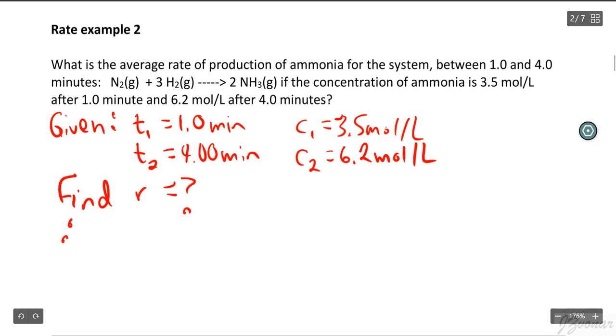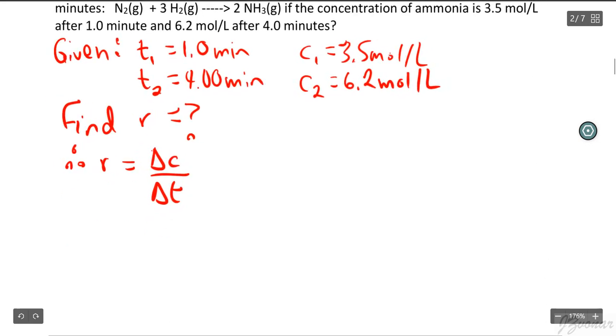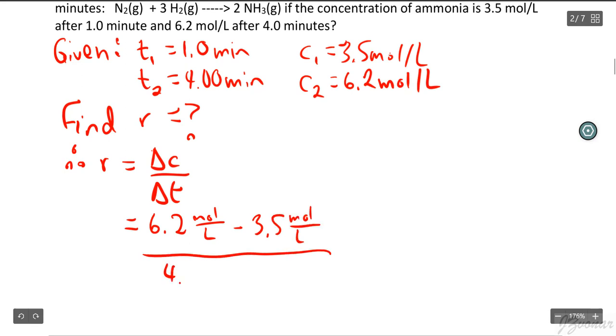So once again, we're going to plug in our formula. Rate equals the change in concentration over the change in time. Plugging in our values, c2 minus c1 in our numerator, and then in our denominator we've got 4 minutes minus 1 minute.